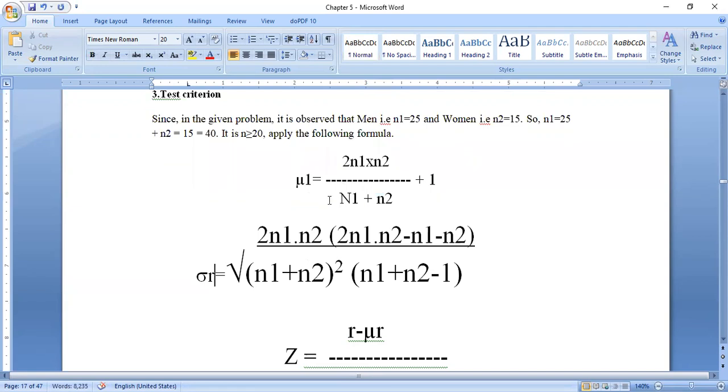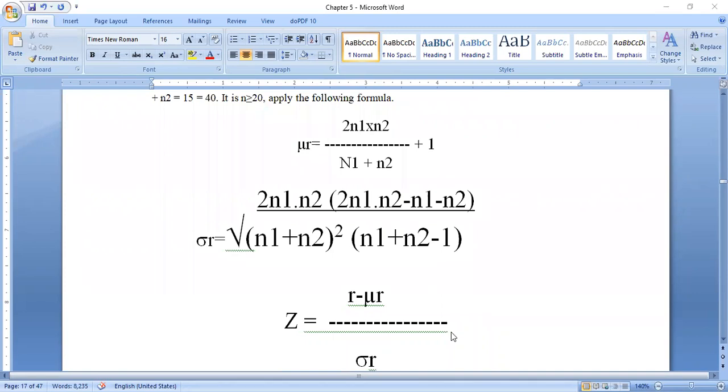So you observe carefully, this is also mu R. So we will get these two values. This is the mu R value, so you will get this value. Then here this standard deviation R is equal to this formula value.